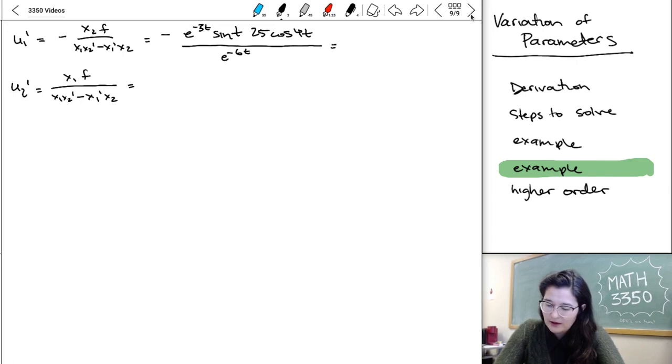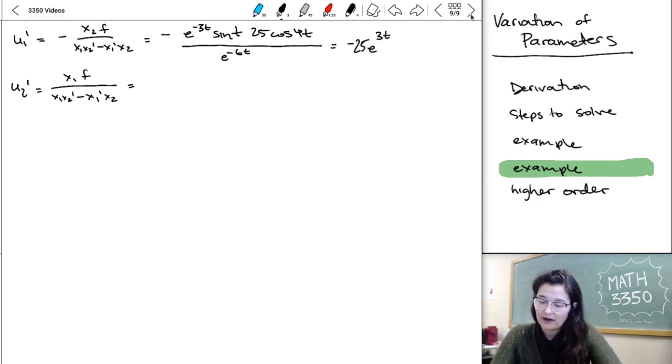And so e to minus 3t divided by e to minus 6t is e to minus 3t times e to 6t. So that's going to become e to 3t.